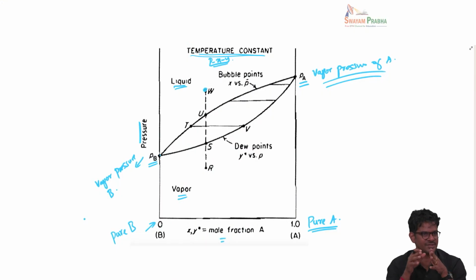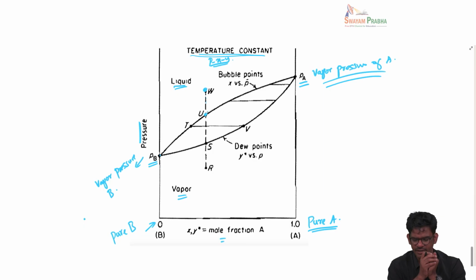Let's say you start with the point W, which corresponds to a binary liquid mixture, pure liquid, no vapor here. What you do is decrease the pressure, you depressurize the system, keeping the temperature constant. So it's an isothermal operation. Keeping temperature constant, you can slowly decrease the pressure. When you decrease the pressure, you come to point U.